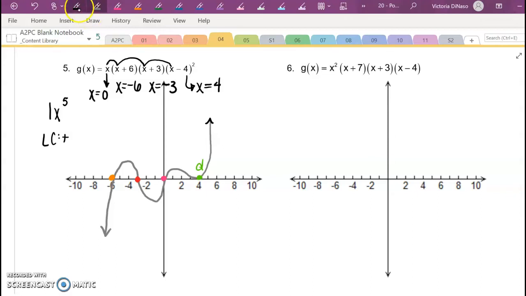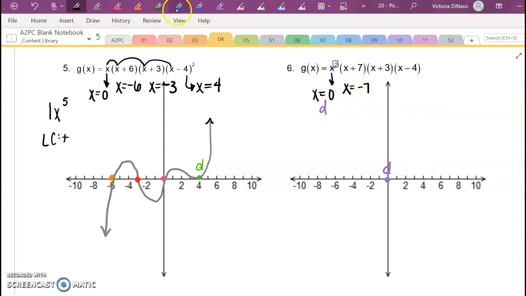For number 6, same idea. So we have x squared. So I'm going to write down x equals 0. However, this is a double zero because of the squared right here. So at 0, I'm going to go ahead and put a point, and we're going to have a little d. Then we have x plus 7. So we're going to write out x equals -7.